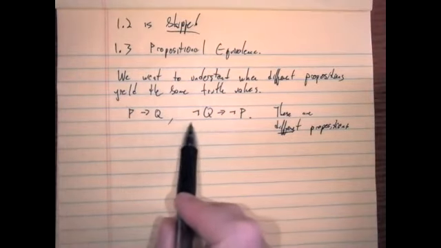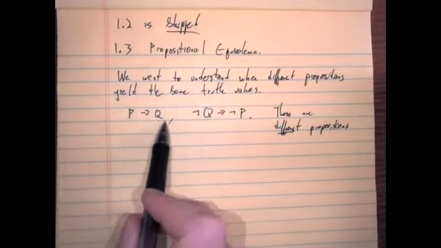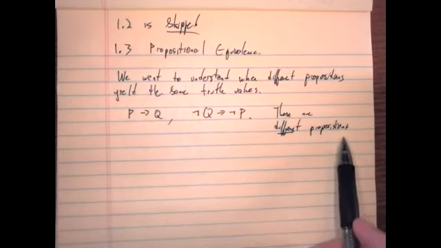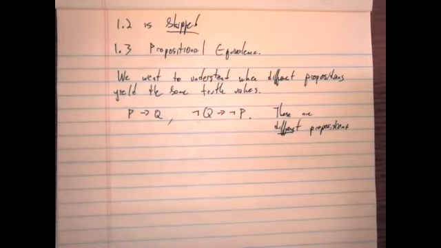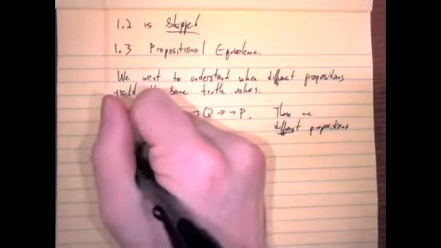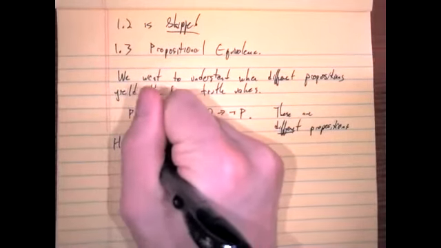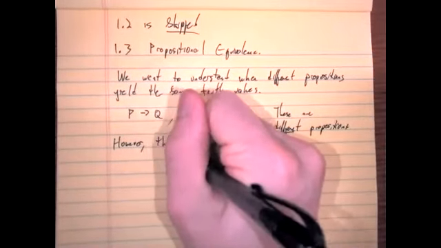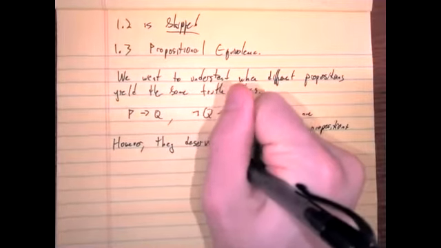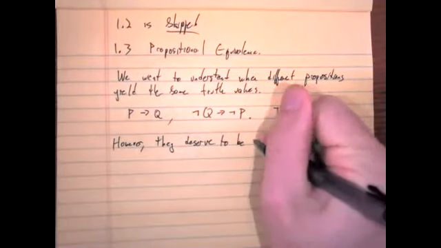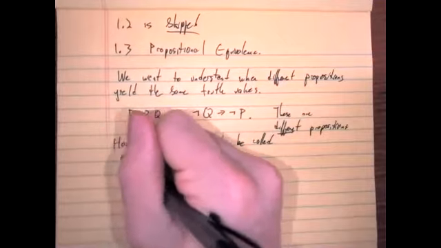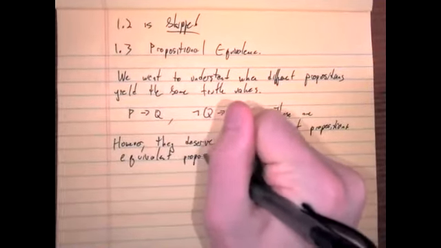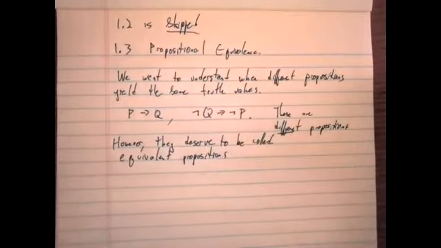One is working with the negation of Q and one is working with Q. The order is switched, and so on. So these are different propositions because they're different statements. However, they deserve to be called equivalent propositions. And why is that?